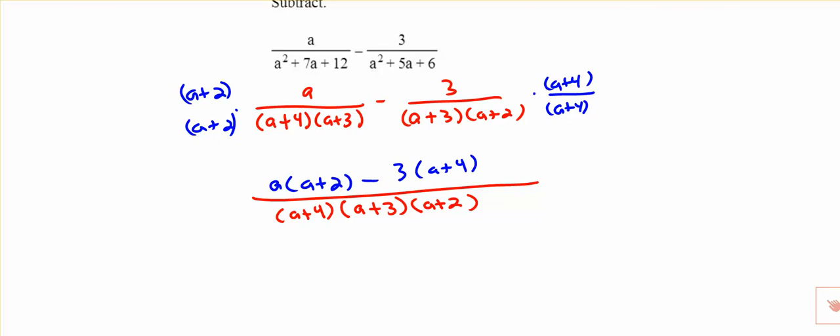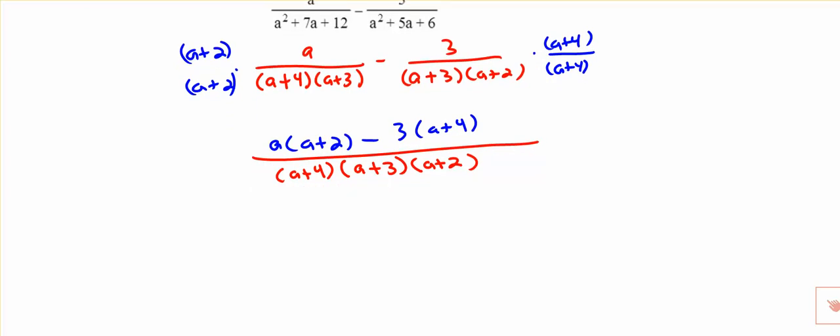Now we're going to focus on our numerator and focus on simplifying. Clear the parentheses by using your distributive property. Distribute the negative 3 here.